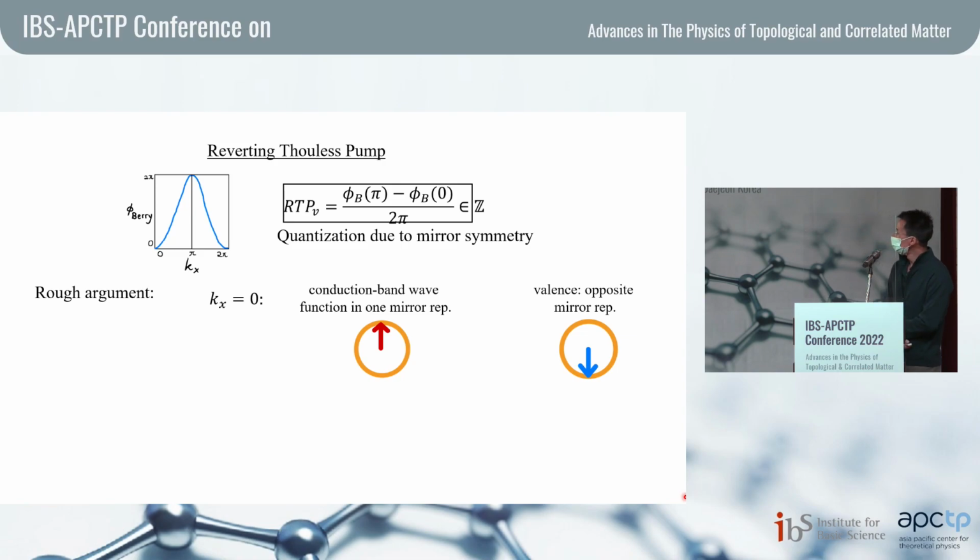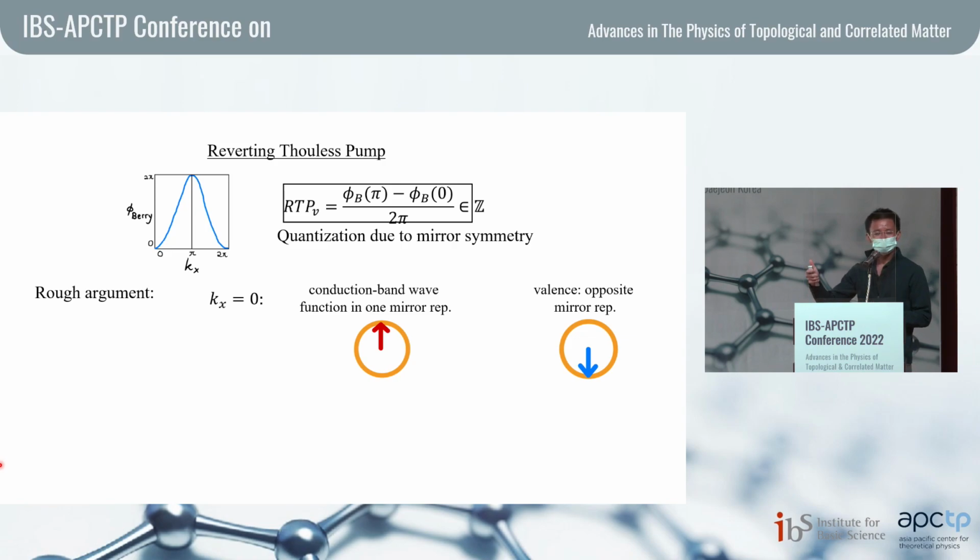So if you focus on kx equals 0, let's assume that the conduction band wave function belongs in one mirror representation, and the valence band wave function belongs in the other mirror representation. So then in the Bloch sphere representation, the wave function for the conduction band, say, is always fixed to the north pole, and the wave function for the valence band is always fixed to the south pole, right?